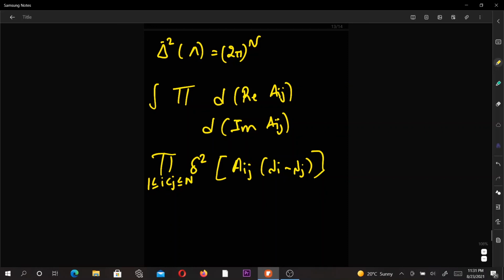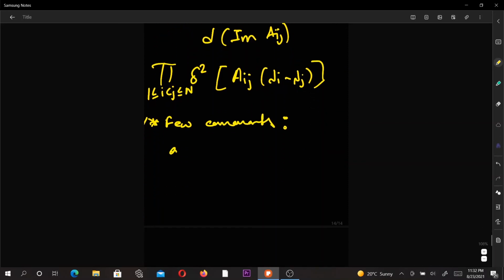Let me write a few comments of what is happening. Comment 1: we'll use this formula, delta of x minus xi, it's a sum over i. It's a delta function formula; you can just Google it up.